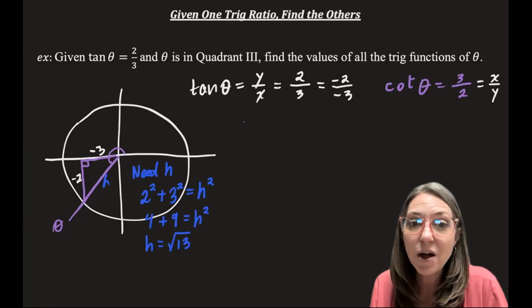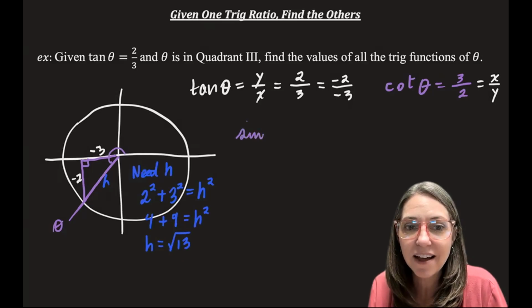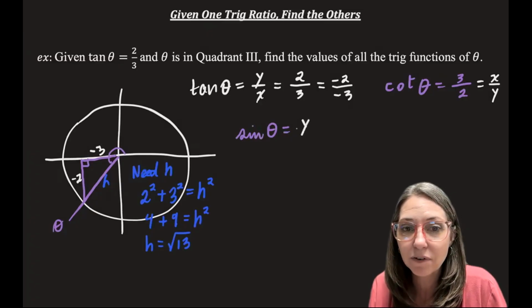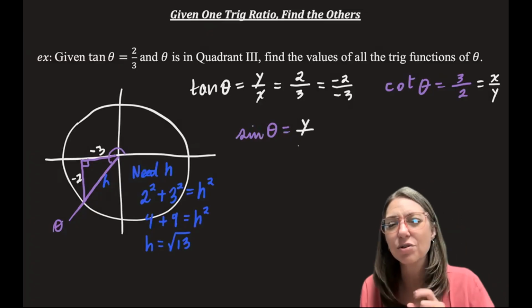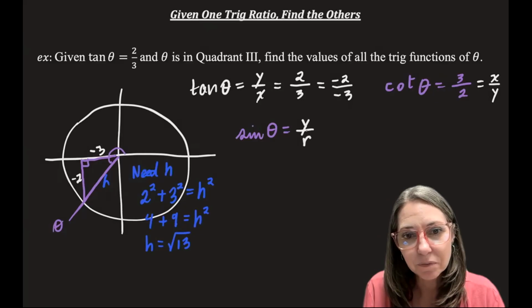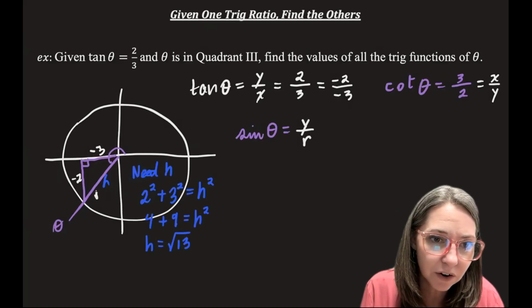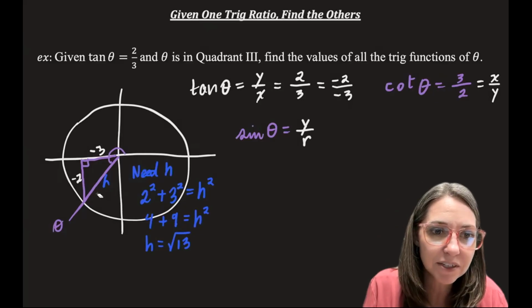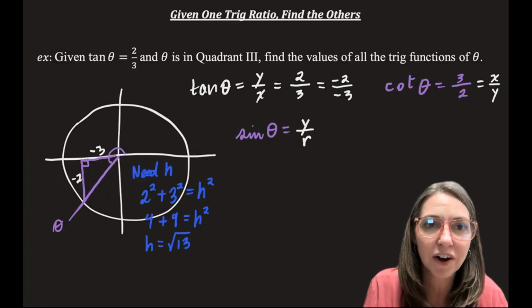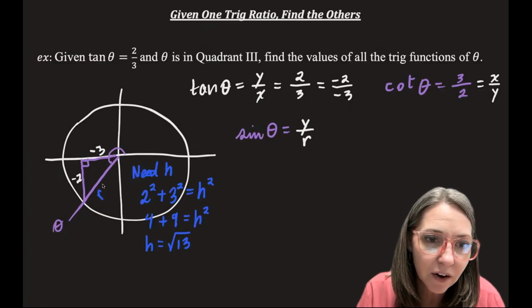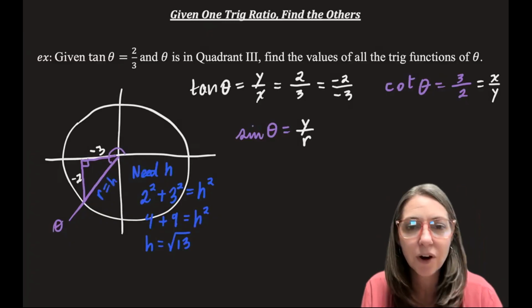Okay, now we can find the rest. So sine of theta is equal to the ratio of y over the radius or hypotenuse. I usually use r for radius, so I'm going to mark it that way and call this r. I'll just relabel this side. You could call it r or h for hypotenuse. Either way. There we go.